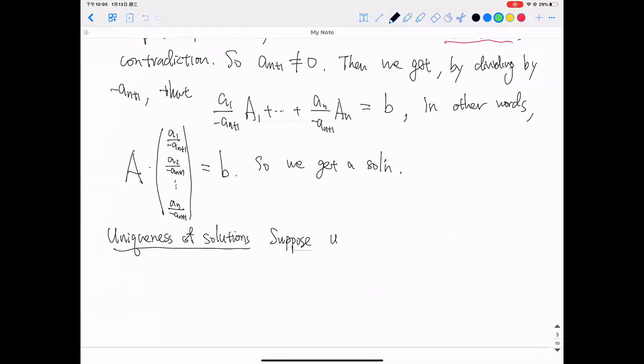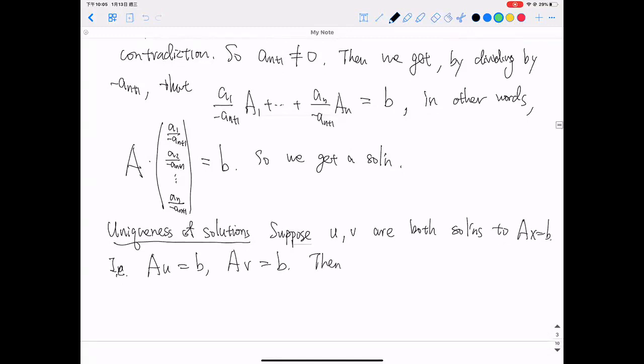Let's say u and v are both solutions to Ax equals B, in other words, Au is B, Av is B. Then let's consider A applied to u minus v.